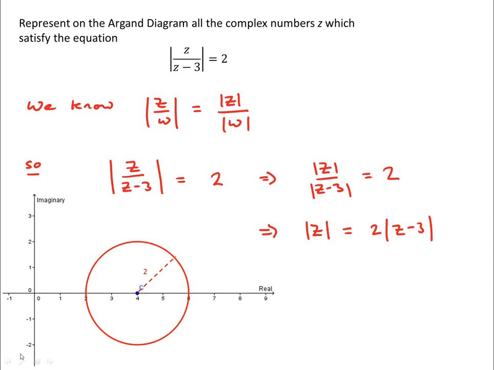Now so far all of the loci that we've been looking at have been defined in terms of modulus. Sometimes the loci will be defined in terms of argument instead of in terms of modulus.